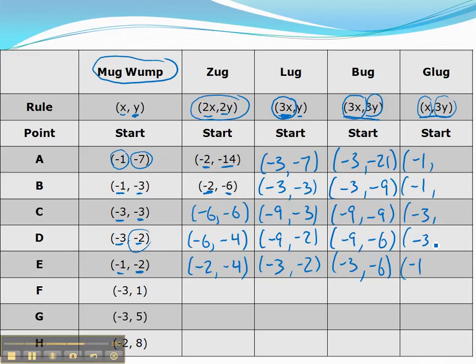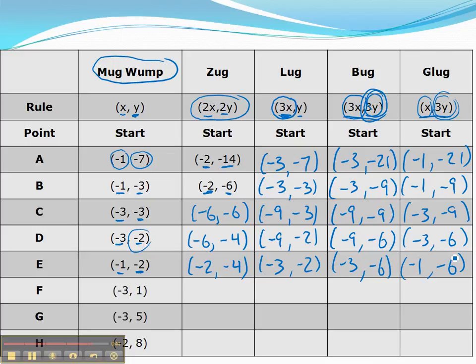And then since the rule for the y coordinate is the same as Bugwump's, I'm just going to take Bugwump's y coordinates and apply them to Glugwump. So for point A, -21, point B, -9, C, -9, D, -6, and E, -6. And just follow that same method to fill in the table for all 4 of those family members.